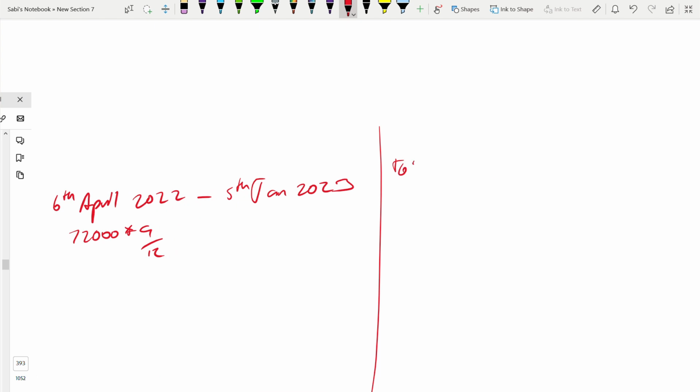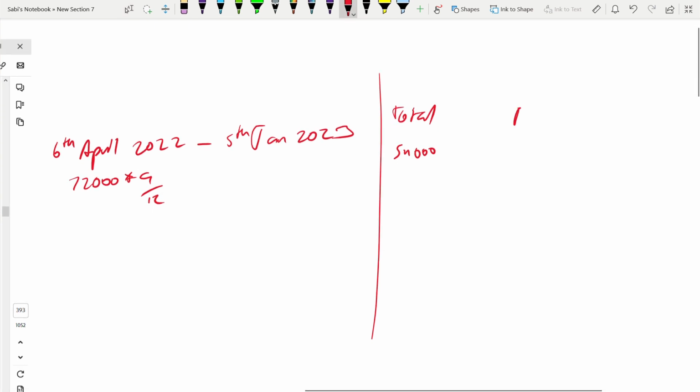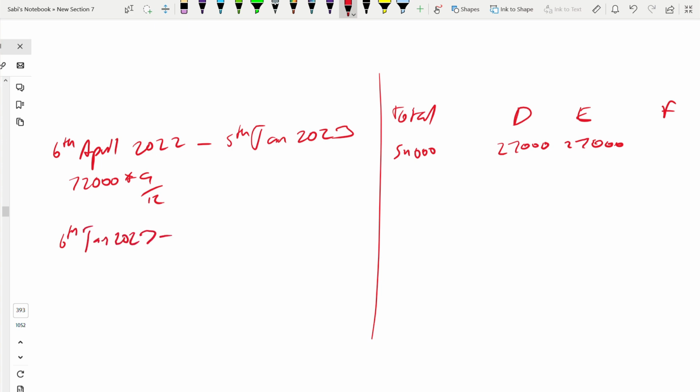So the total is 54,000. This will be split equally between D and E and F. So D and E, 27,000 and 27,000. Now from 6th of Jan, Fatima joined 2023 up to 5th April 2023. So 72,000 into 3 months.